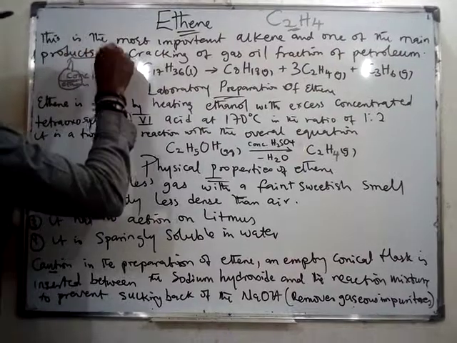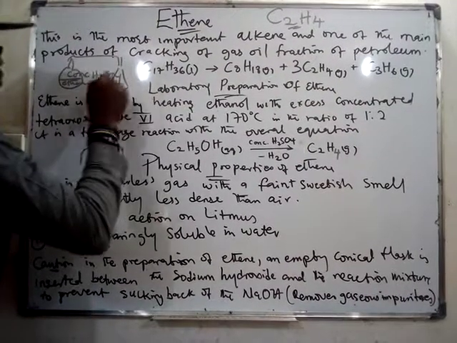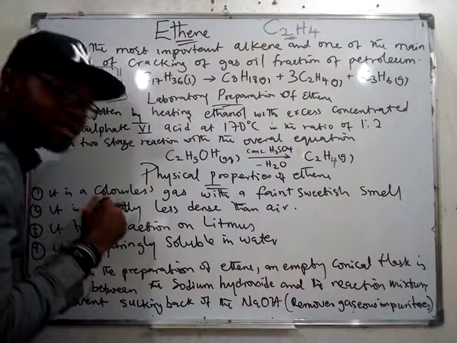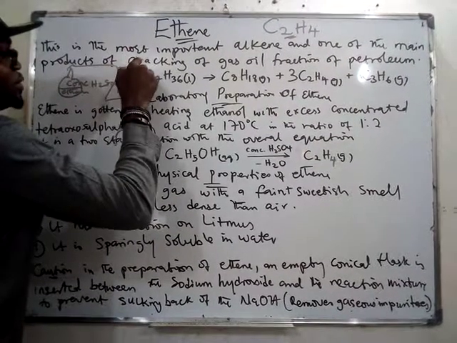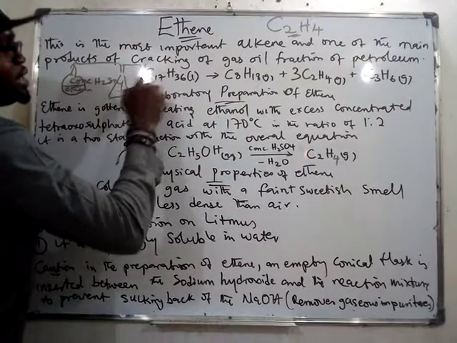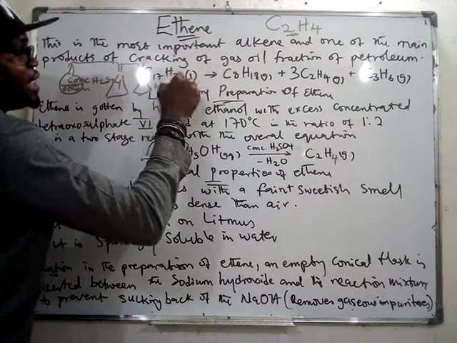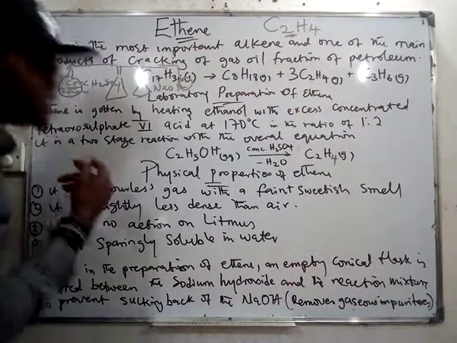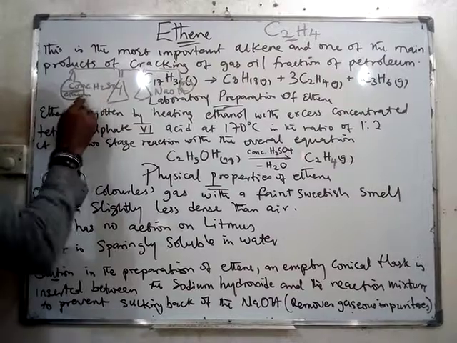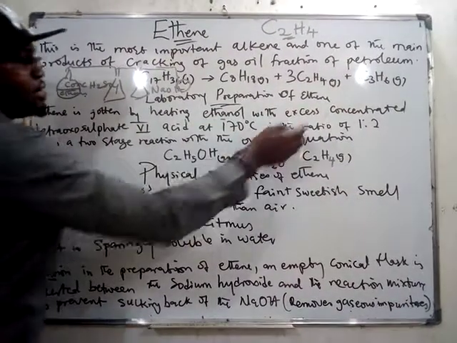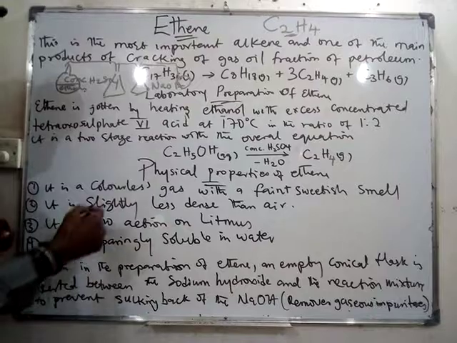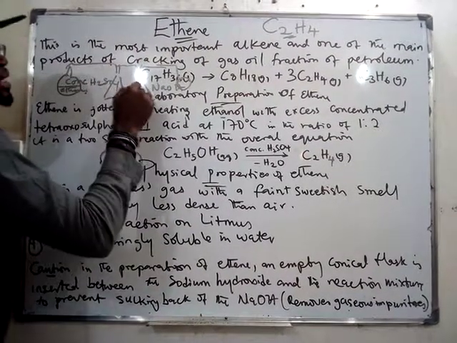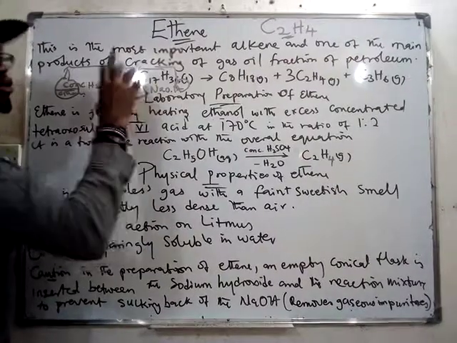If ethene is produced, you need to insert an empty flask before you connect it to sodium hydroxide, and then where the product comes. You understand? When ethanol and concentrated H2SO4 react, what will be produced? Ethene.